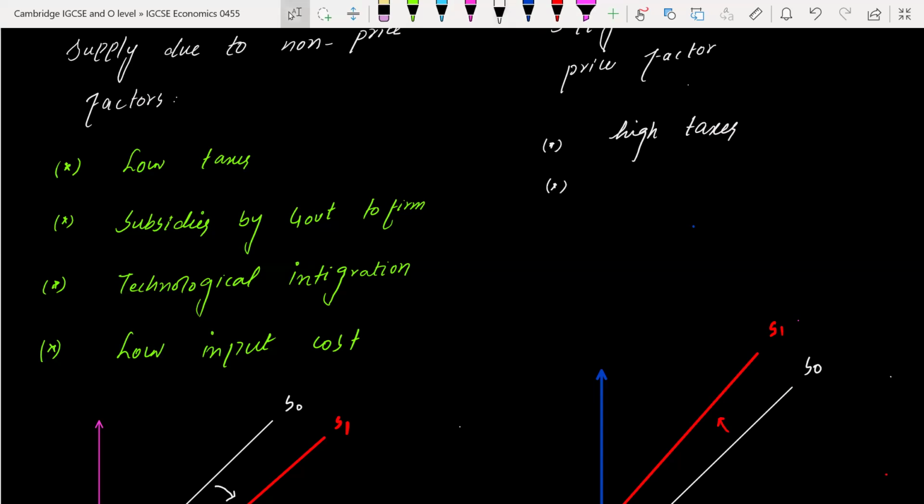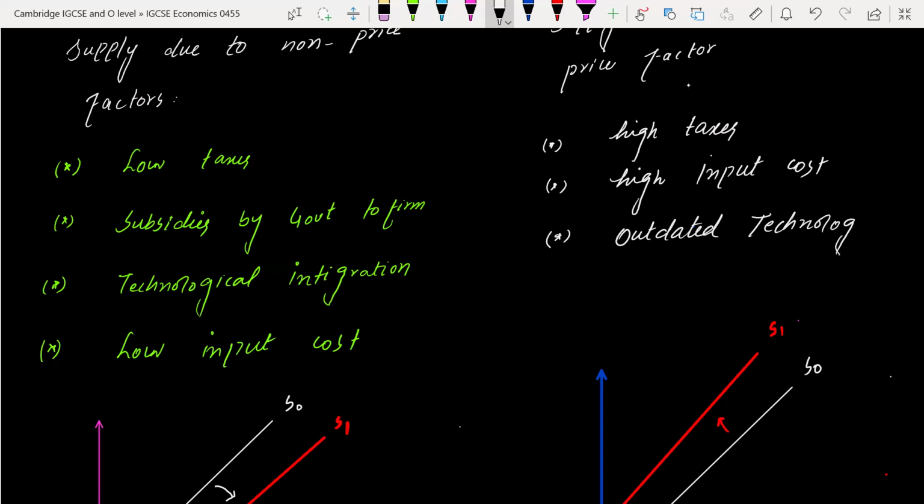On the other hand, high input cost, outdated technology, political instability, and unfavorable weather.